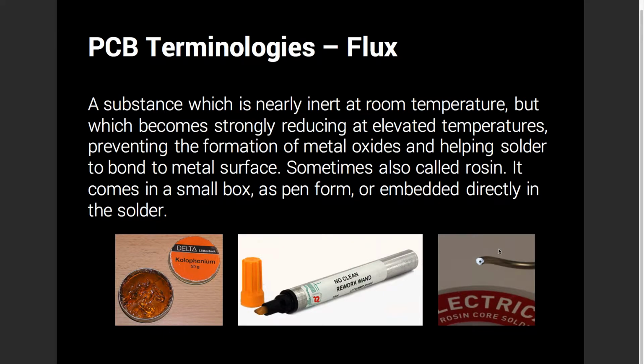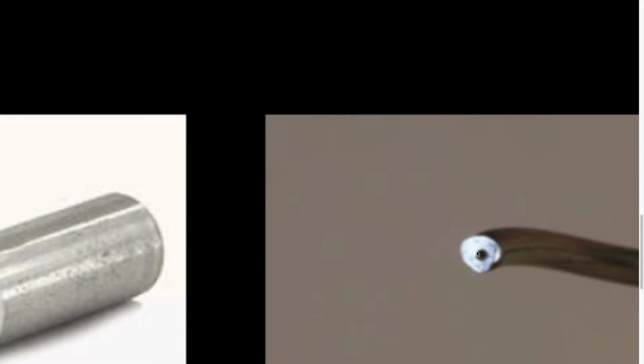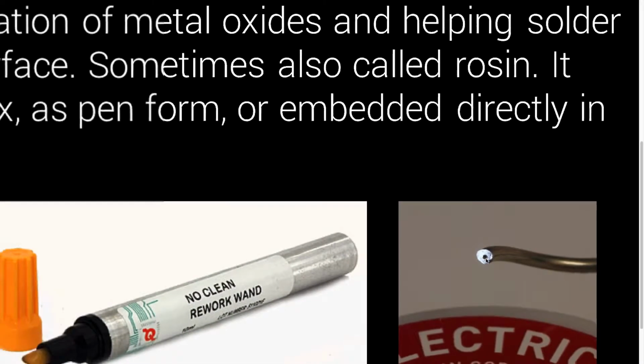The solder will not bond to a metal oxide surface, and heat transfer through a metal oxide surface is very hard. Sometimes it's still called resin, and it comes in a small box form, pen form, or embedded directly into the solder. If you see that the solder has a small empty hole, that's where the flux resides.